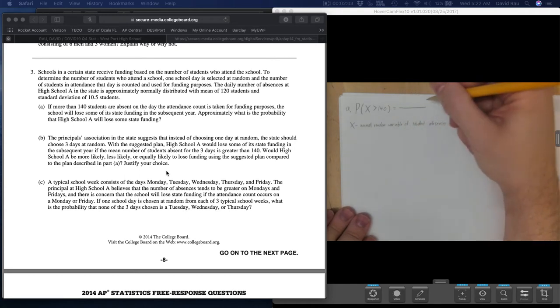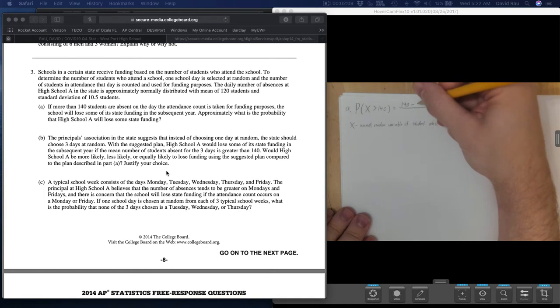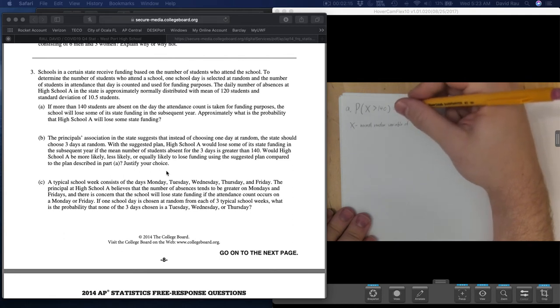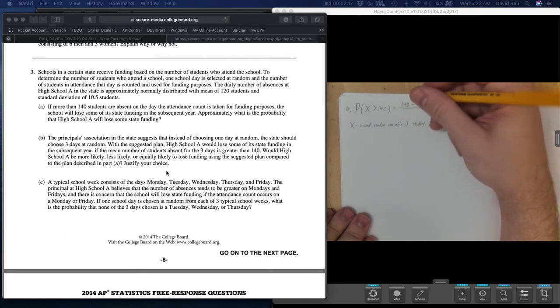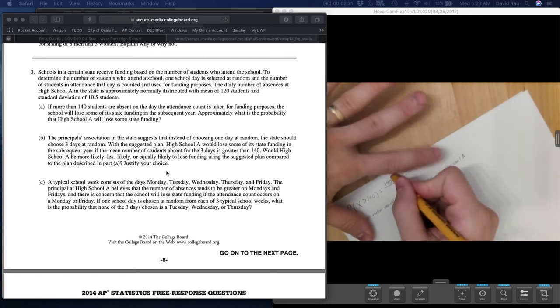Well, that is a simple normal CDF question, or in other words, it's our actual amount minus the predicted amount divided by, actually, sorry, that's the probability. Let's do this.